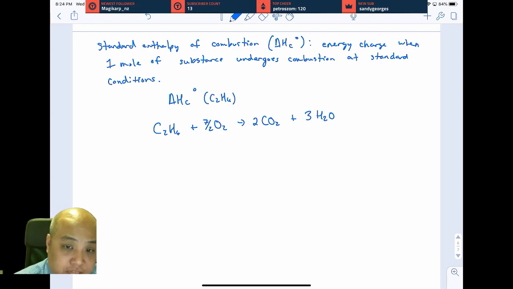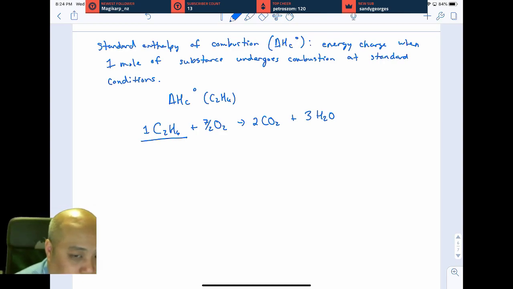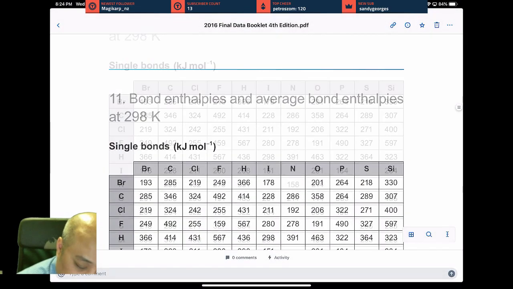It's okay to have fractions because this has to be 1, no matter what. So understand that the delta H c is just the enthalpy of combustion reaction. So reacting with O2 to form its products. And those values are also given to you in your data packet.